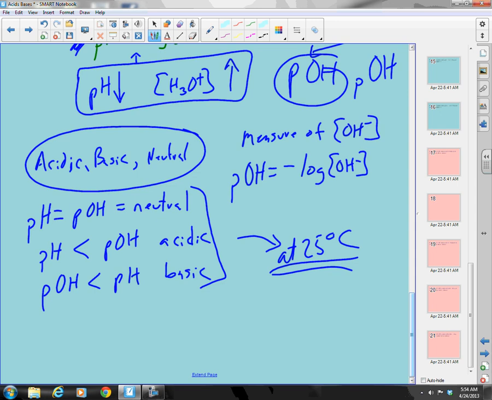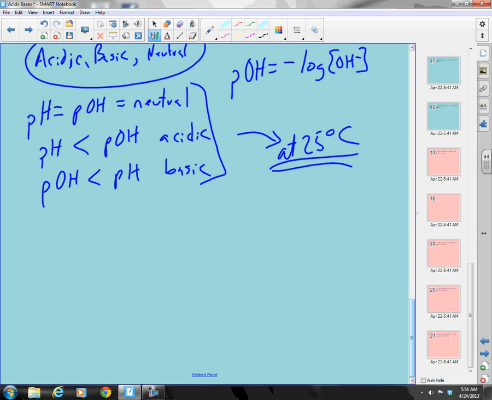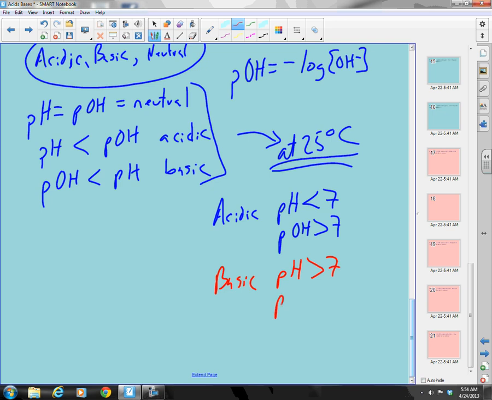It is acidic if my pH is less than 7, or my pOH is greater than 7. It is basic if my pH is greater than 7, or my pOH is less than 7. And it is neutral if my pH equals my pOH equals 7.